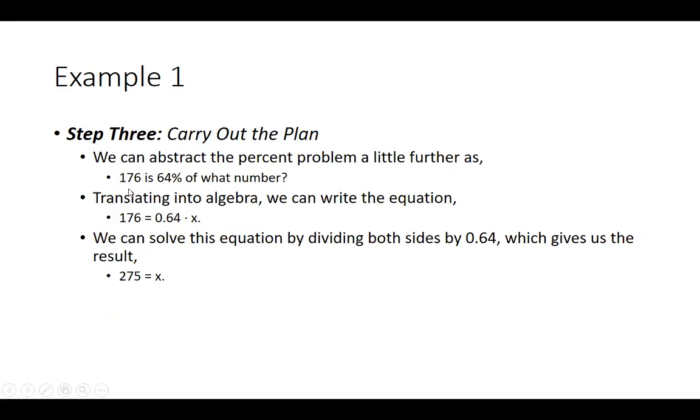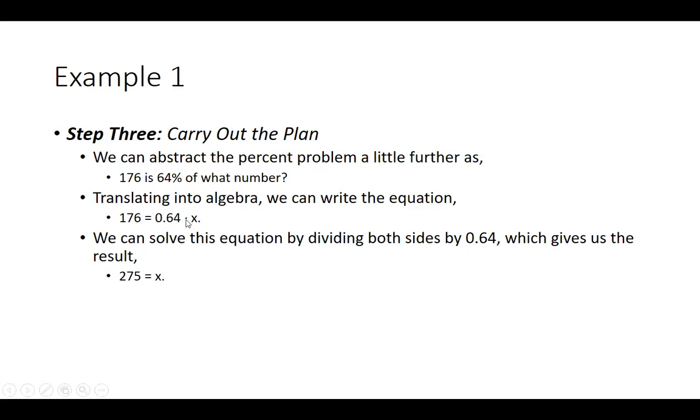So again, we can abstract the percent problem as 176 is 64% of what number? Translating into algebra, is becomes equals, of becomes multiplication, the percent becomes a decimal. What number is x?